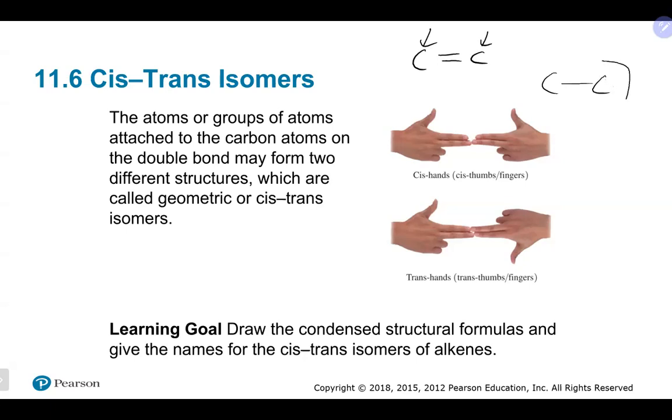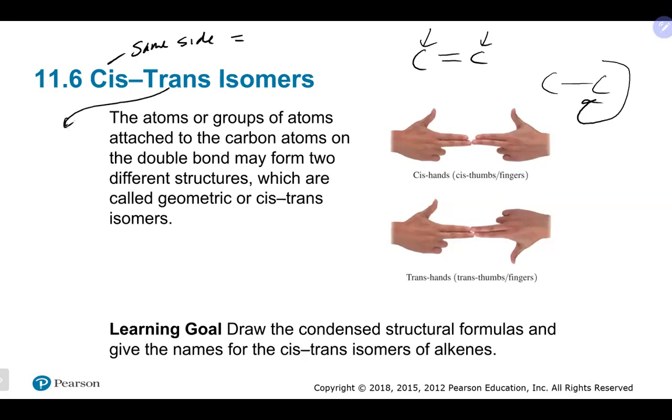That carbon is pretty much free to rotate, which is why oftentimes we say you can draw it up or you can draw it down. It really doesn't matter because it has free rotation around it. When you get that next bond in there, it pretty much locks everybody into place. The result of that is there are certain groups that get locked into one side of the double bond or the other, or opposite sides of the double bond. And that leads to what are referred to as cis or trans isomers. Cis meaning that they are on the same side of the double bond.